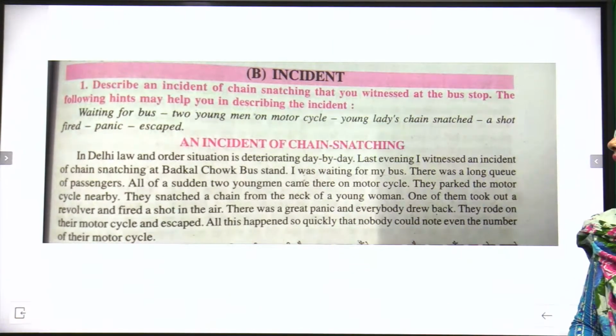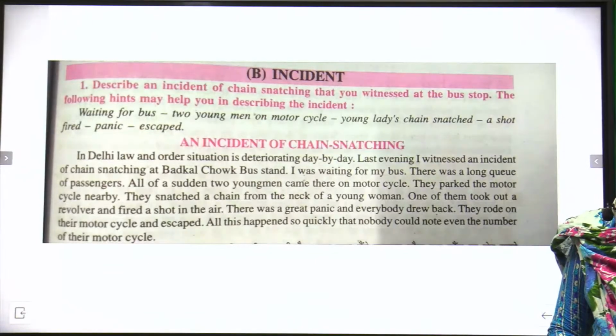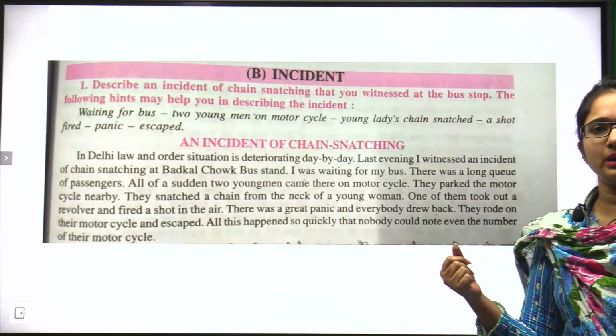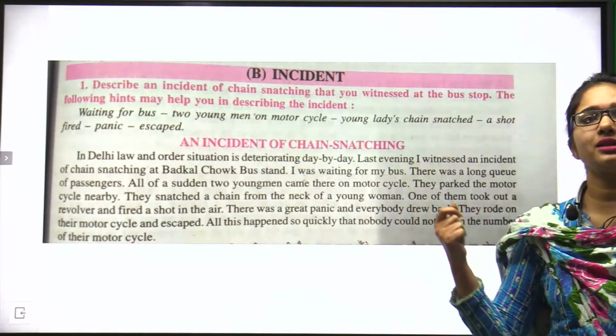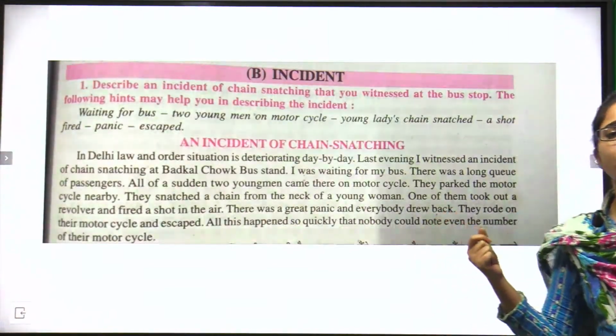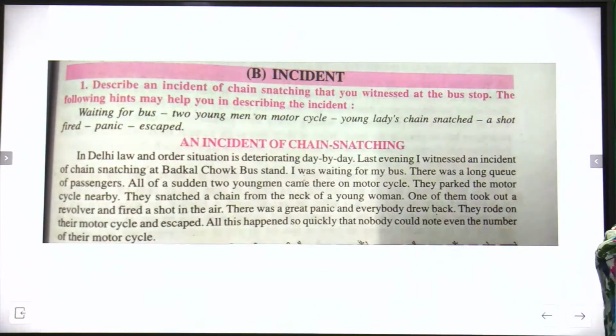They rode on their motorcycle and escaped. After snatching the chains from the necks of the women, they went off on their motorcycles. All this happened so quickly that nobody could note even the number of their motorcycle.